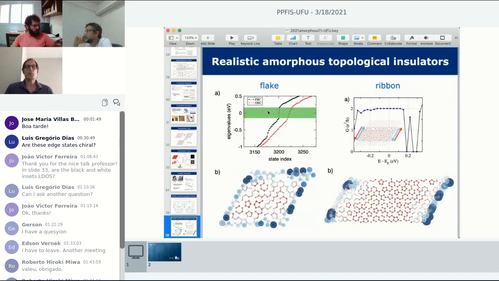If you have periodic boundary conditions, then you open a gap here, and we compute the states. When you have open boundary conditions, we compute the states here, and they show this Z2 topological phase. And if you compute the conductance, it's quantized within this green region. And this is a semi-realistic calculation of Bismuthene. So that was the nanolattice.